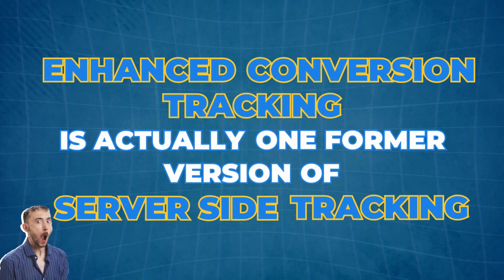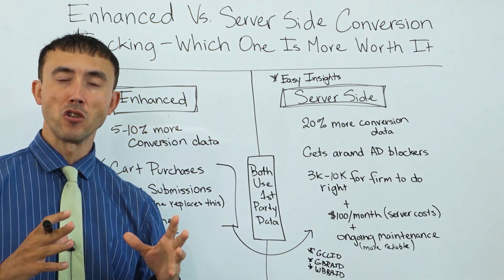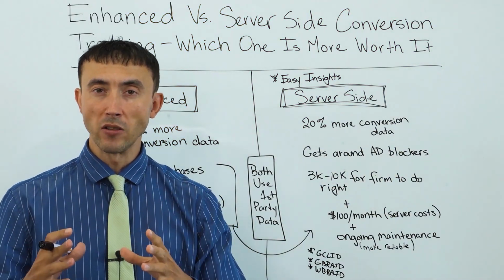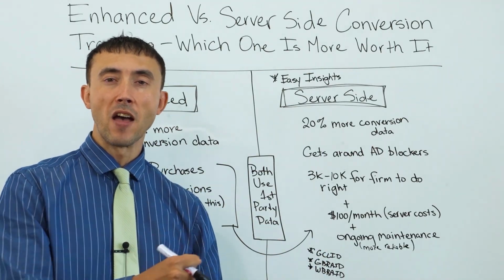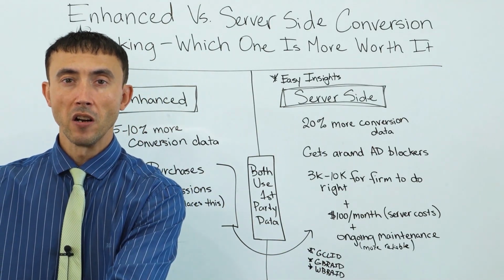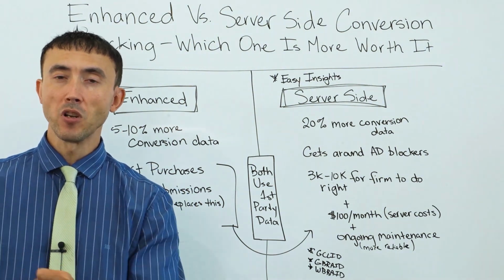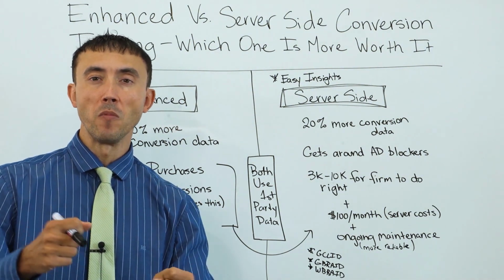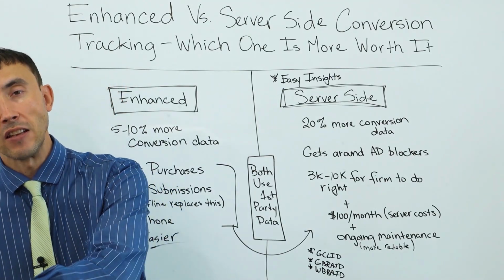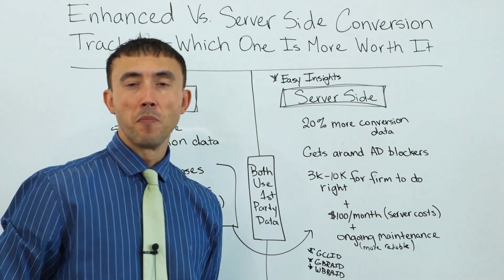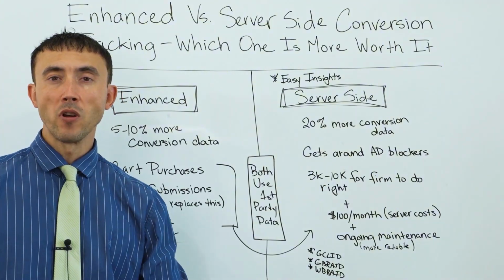But with enhanced conversion tracking, primarily the conversions are tracked to the user's browser itself. With server-side tracking, you're actually grabbing the Google Click ID and all that and putting it on your server, and then that same server tracks whether that person fills out the form or purchases or not through the cart. And if they do, that server is going to send that data back to Google Ads for you to track that purchase.